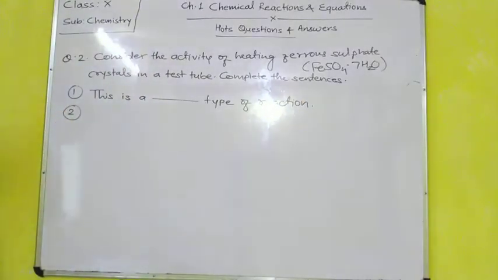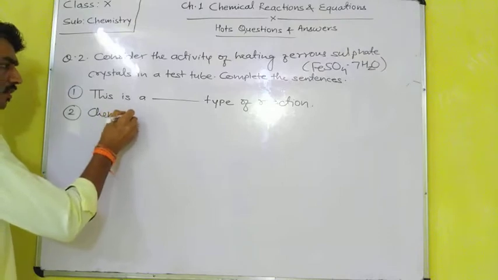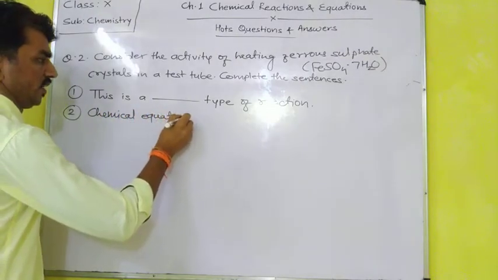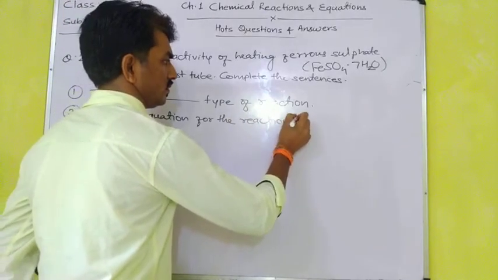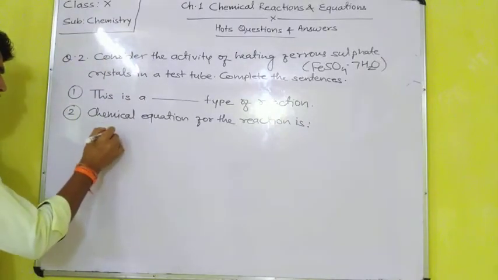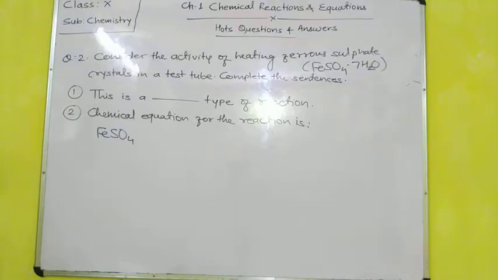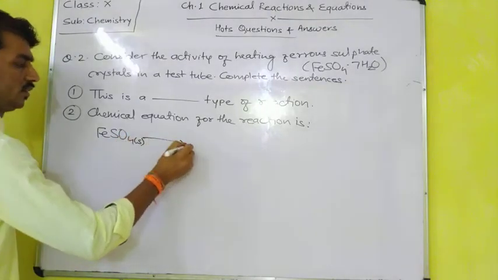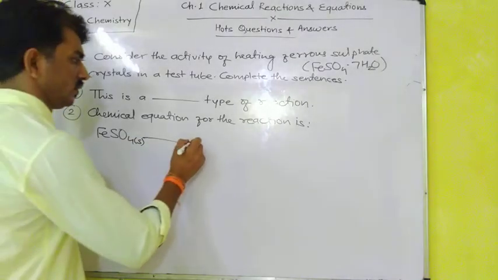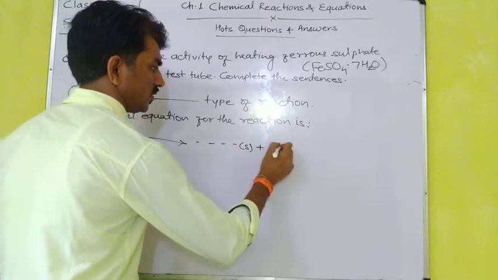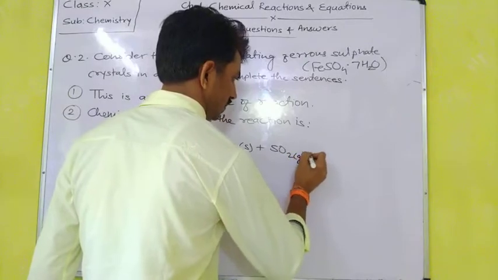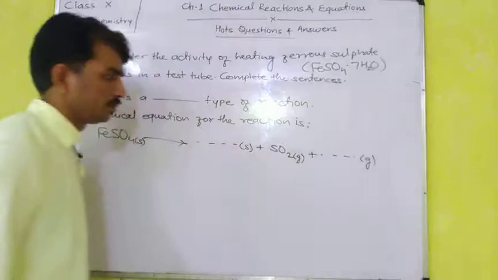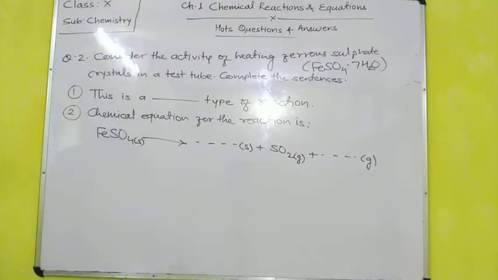Second, the chemical equation for the reaction is FeSO4, in solid form, and it is converted into this solid plus SO2, here in gaseous form, plus one more substance, one more gas which will be produced.